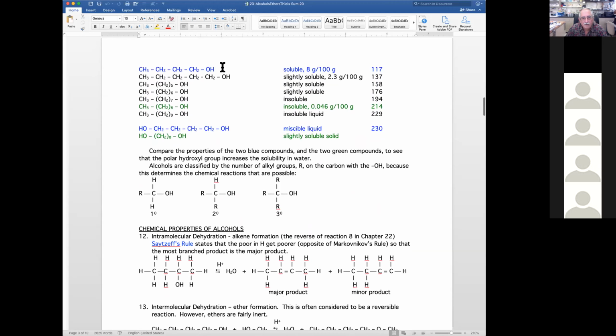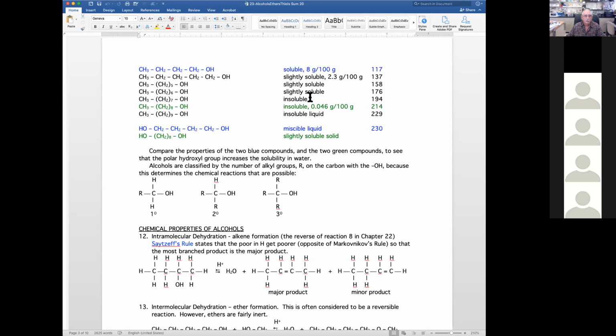It's a really foul-smelling alcohol. It's soluble, but only about 8%. Okay, at an 8% solution, it's saturated. With one more carbon it's only slightly soluble. Other ones I can't get real values for, but then you get to octanol, and it's basically insoluble.